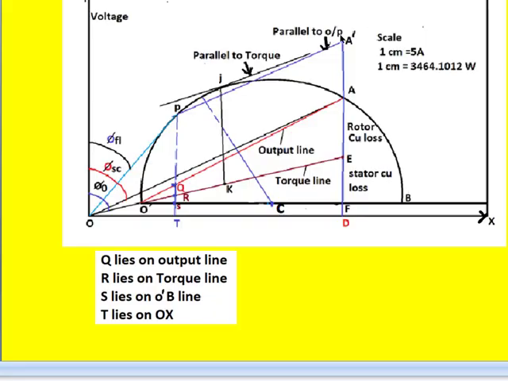If you want to know the maximum power from this motor, a tangent should be drawn to the semicircle parallel to the output line.